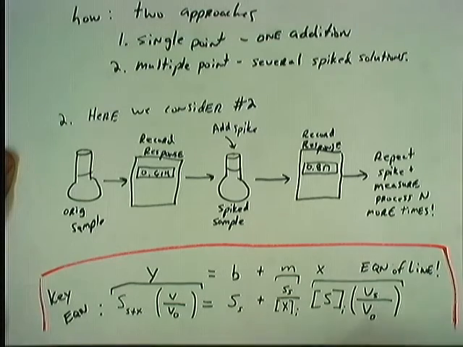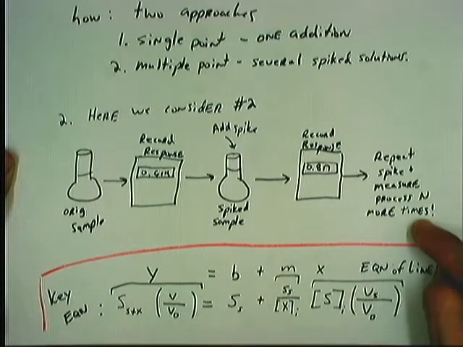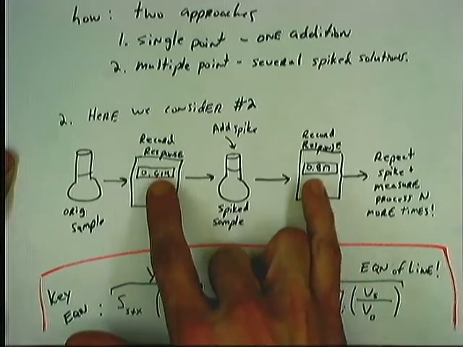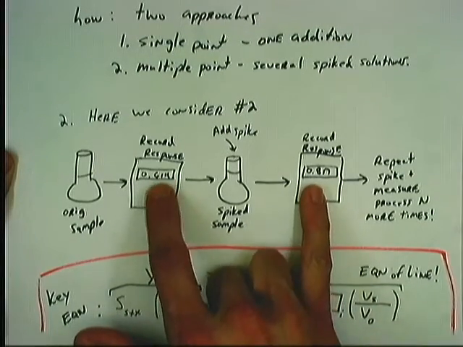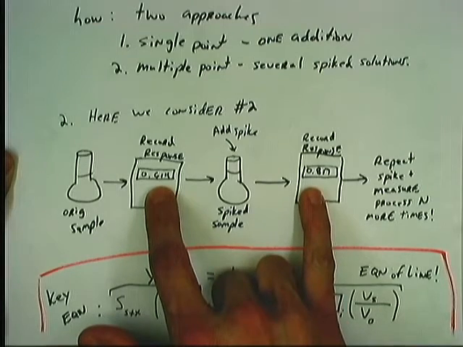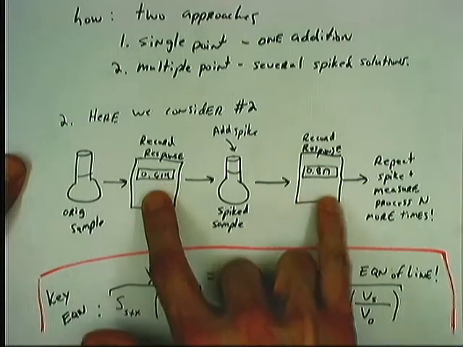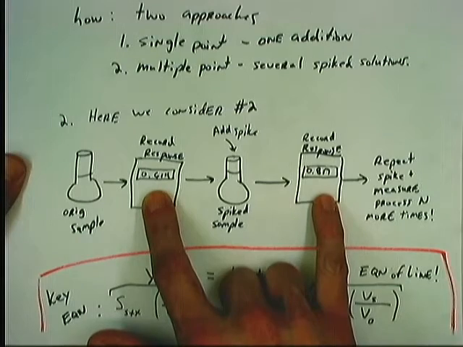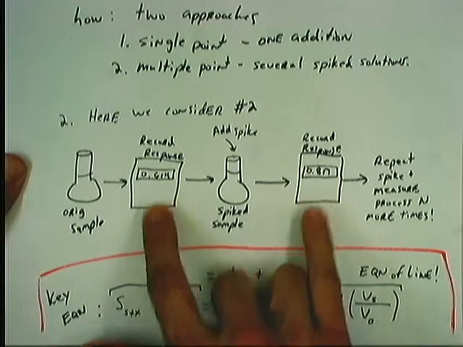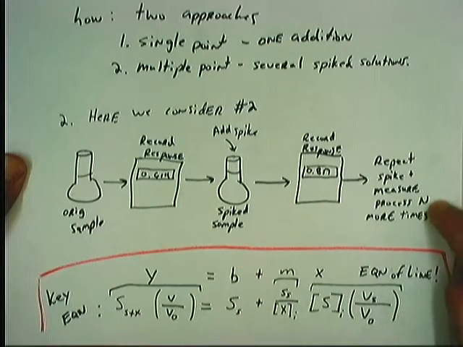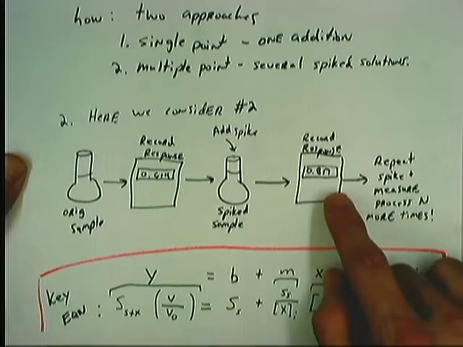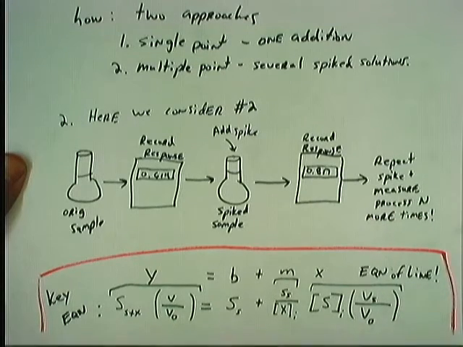The purpose of doing it more times, as we'll soon see, is instead of just deriving the analytical sensitivity between these 2 points, that is the slope of the internal calibration line between these 2 points, which is the single point approach, if we repeat this process more times, I'm going to have more and more points to use to extract the sensitivity or the slope of our calibration line.